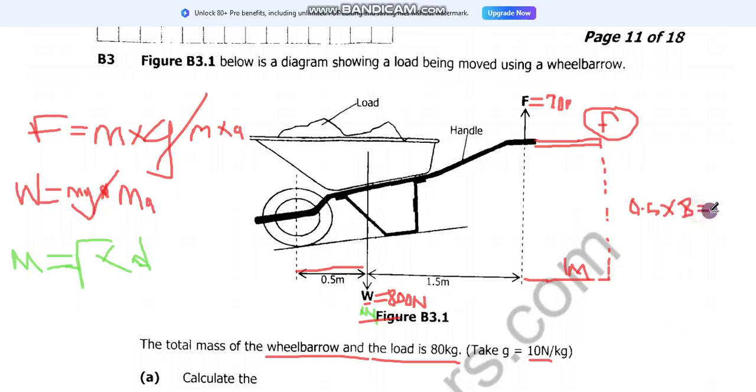This will give us, in this case, the distance of 3, so that will be 0.5 plus 1.5 plus this 1 meter, giving us 3 meters, times the force, which is F. So 0.5 times 800, we are going to get 400. Then this will give us 3F.